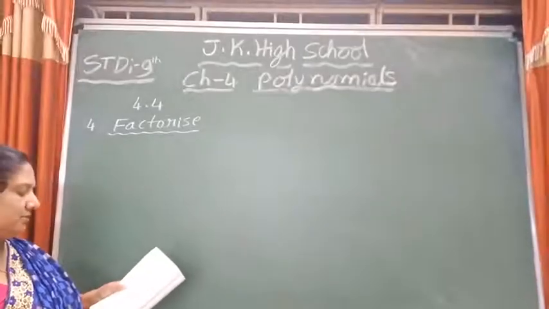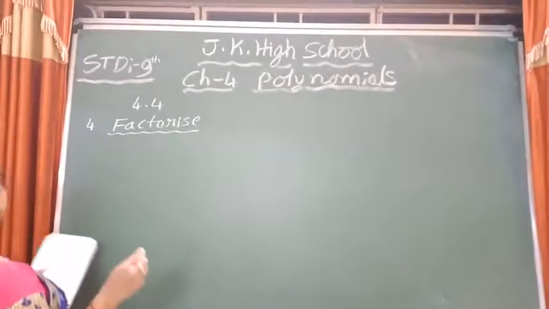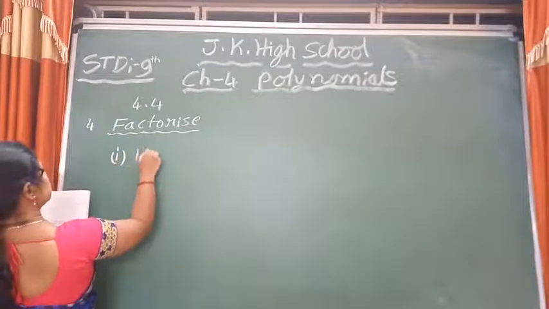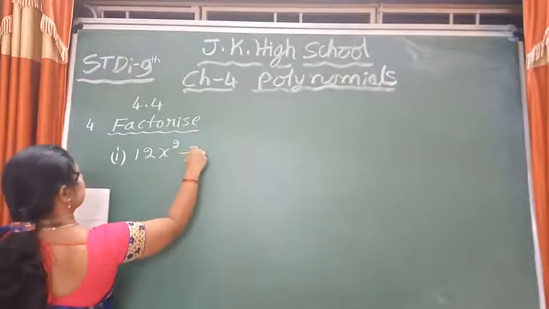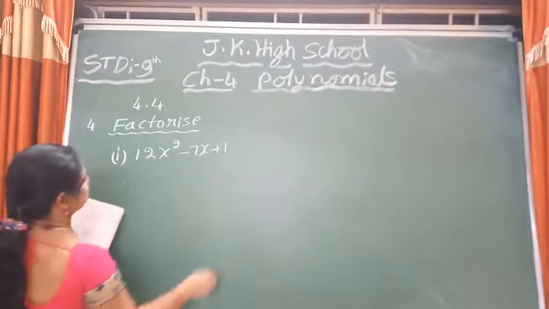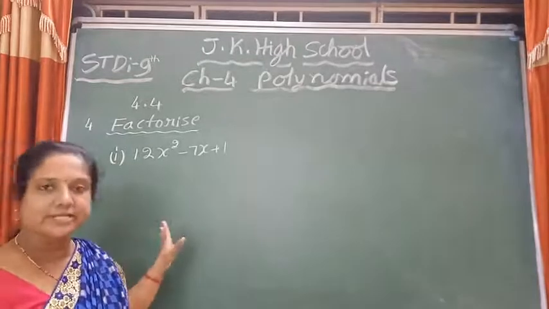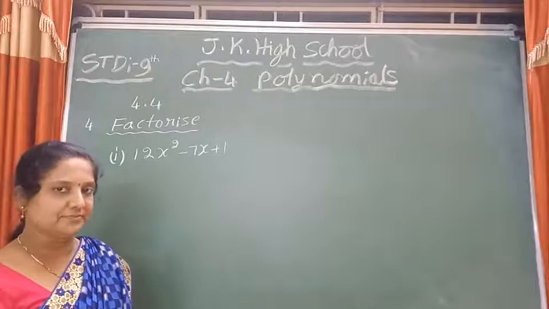factorization of quadratic polynomial. So the first question is in this manner: 12x square minus 7x plus 1. If the question is in this pattern, if the question is quadratic polynomial, then how to factorize?